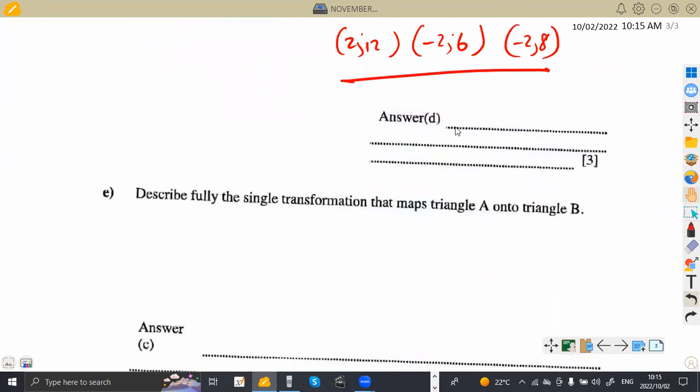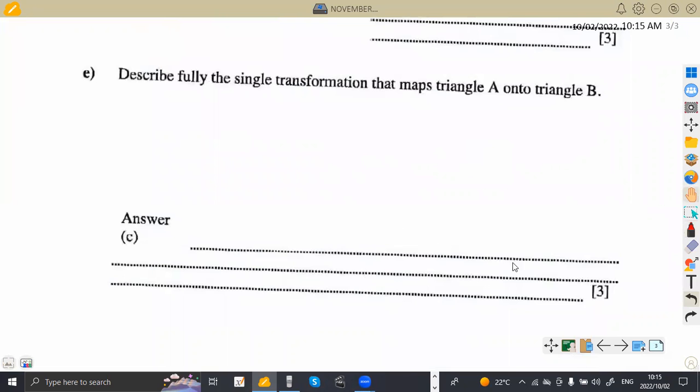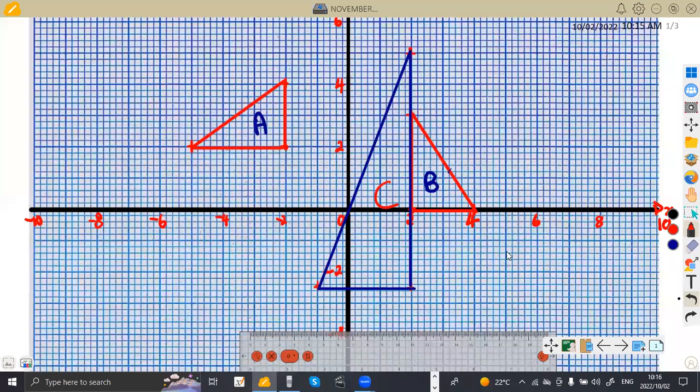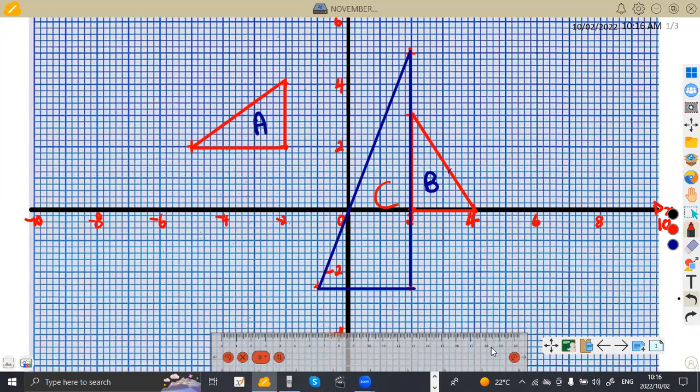All right, so the last one is now: describe fully the single transformation which maps triangle A onto B. The A onto B, the one that was given before. If you cross-check that one, this is A onto B on our diagram. So what am I going to do? You join the points. Remember, guys, these are isometries.